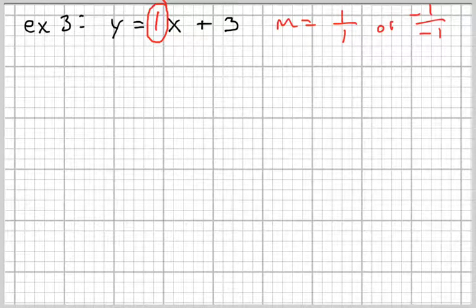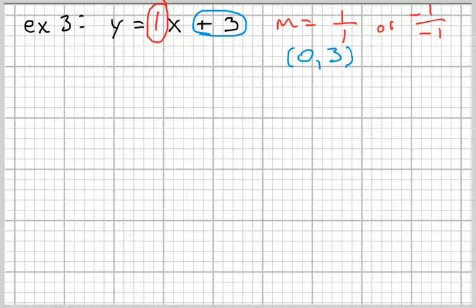Those are my two options, so I can go both directions from my y-intercept. Now I need to identify my y-intercept. It comes from this number here. It is always the point 0 and then that b value of 3. So now that I know my two key pieces of information, I can go ahead and make my graph.